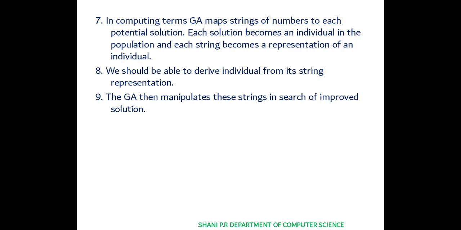From the entire population we will be selecting the individual elements and forming the string to find the optimal solution. We should be able to derive the individual from its string representation. The genetic algorithm then manipulates these strings in search of an improved solution. After selecting the individual elements and making them a string, it will work on that string.